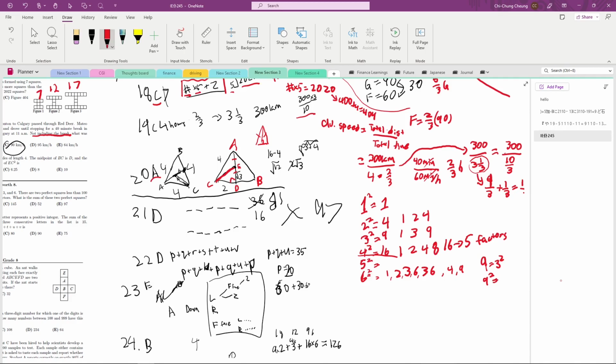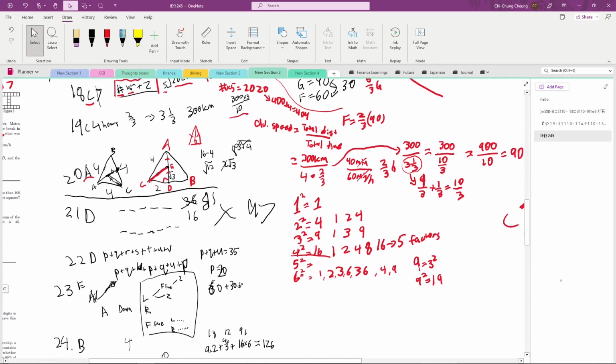Just to prove it, it's 1, 9, the root, and then the root times the factor, which is 27, 81.